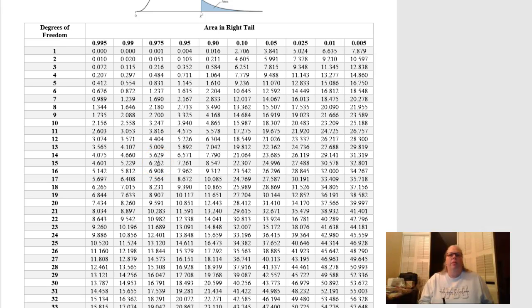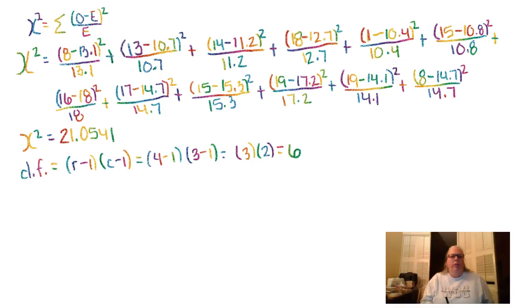Here's our table A4, column 0.05, and we need to go down to line 6. I believe that's right here, where our critical value is 12.592.